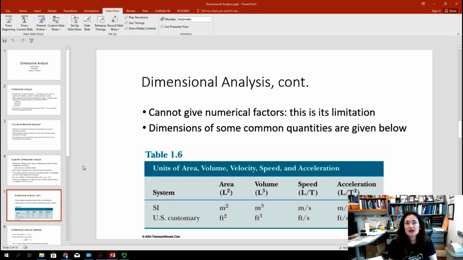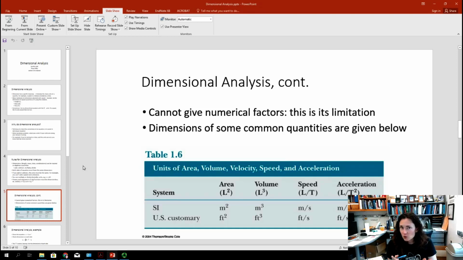Volume, SI unit is meters cubed, and the dimension is length cubed. A speed, the SI unit is meters per second, and the dimension is length per time. Acceleration, SI unit, meters per second squared, dimension, length per time squared. Okay? So those are some common ones.